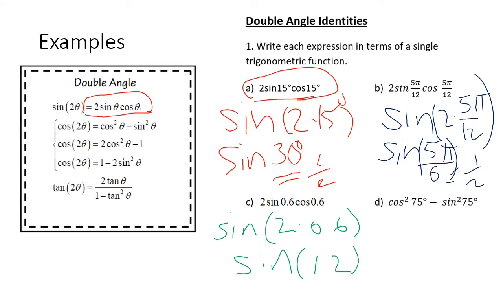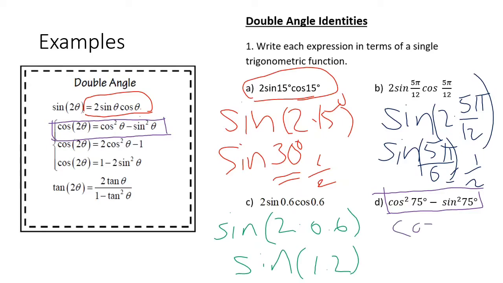On part D, we have our first different one. Which one does that look like? Where in my equations do I see cosine squared theta minus sine squared theta? Well, it happens to be one of the cosine 2 theta equations. So 75 is the theta, so I'm going to jump right into my answer.